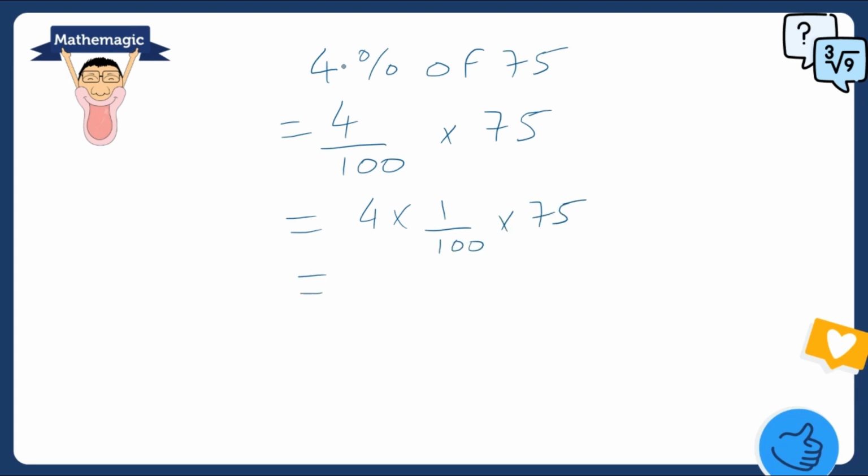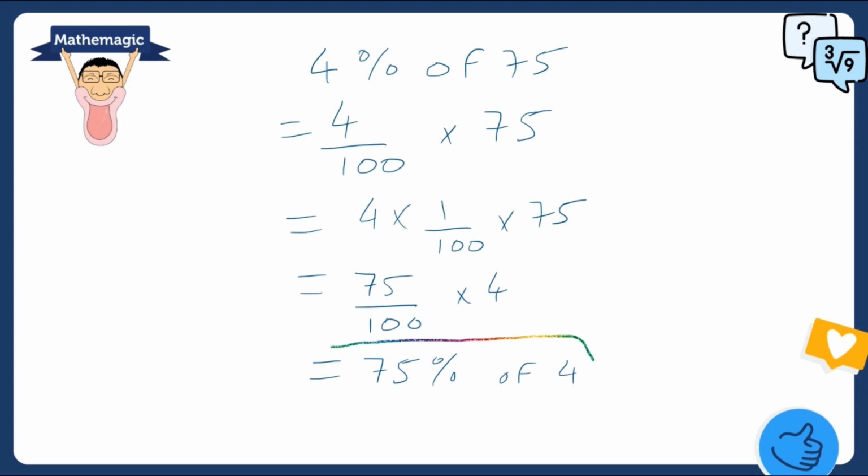And here you could put the 75 at the top and at the top of the 100 and put it first and say this is 75 over 100 times 4. And 75 over 100 is going to be 75% of the number 4, which is exactly the same statement as when we switch the numbers around.